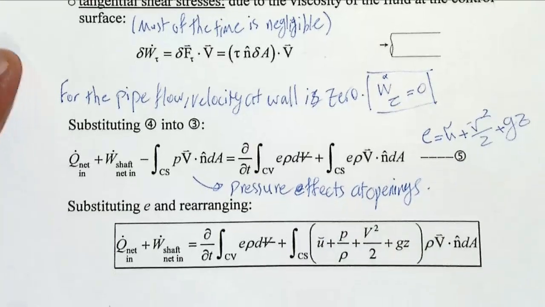Okay, so great. You have an equation that is another writing for another form of the conservation of energy. Now you can talk about more simplification that is based on the assumptions.